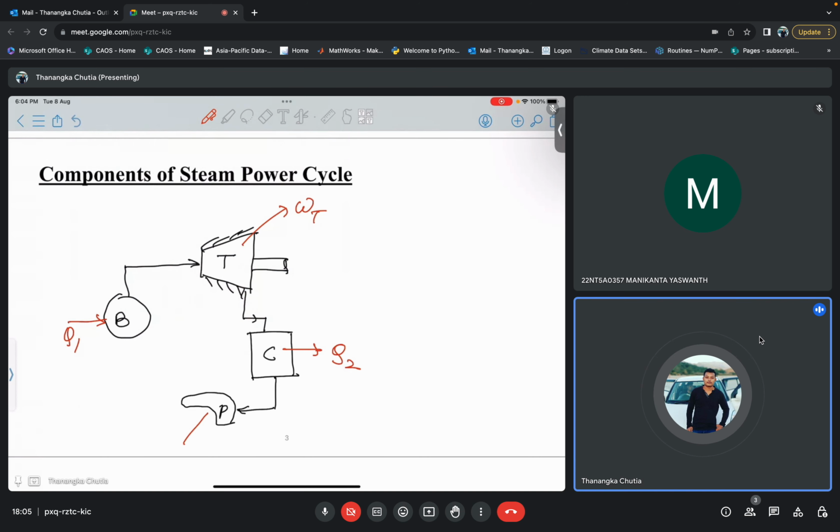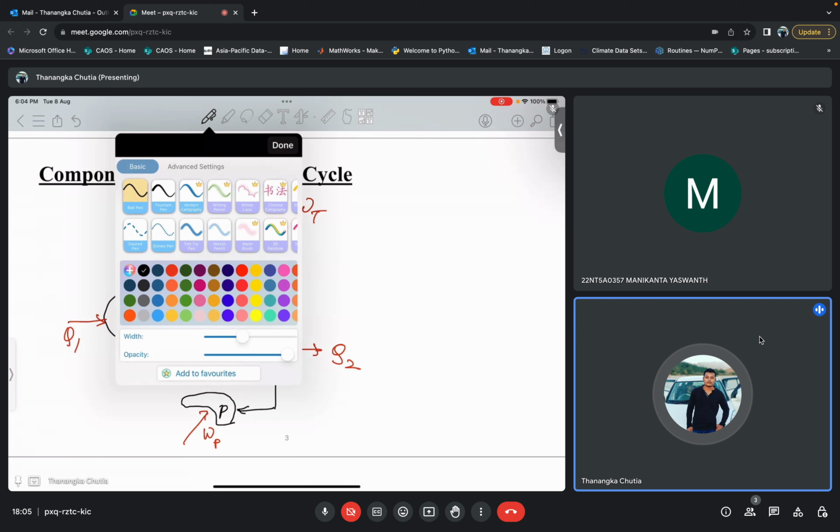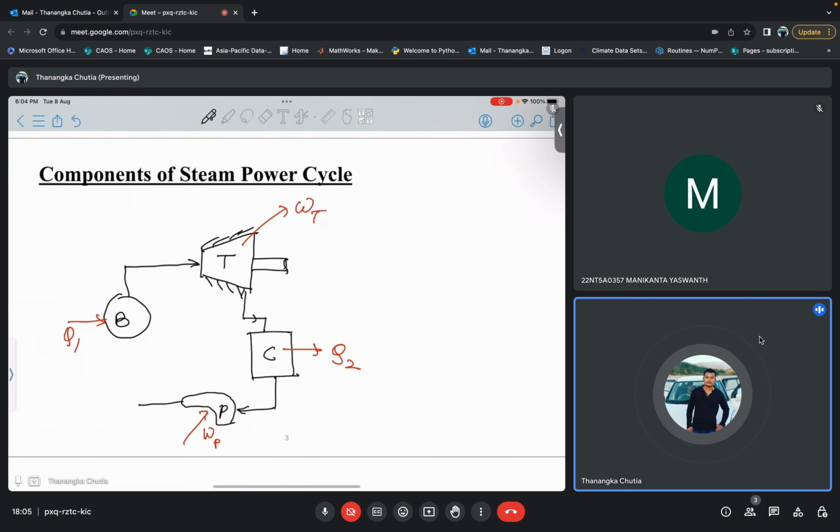Some amount of work WP will be done here, but I will discuss it in great detail later, like what sort of work it is or how it can be increased or decreased, and then this cycle will get repeated. So this is basically the schematic diagram of a steam power cycle.